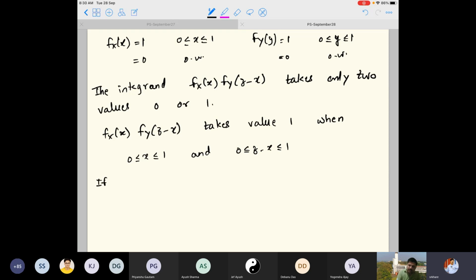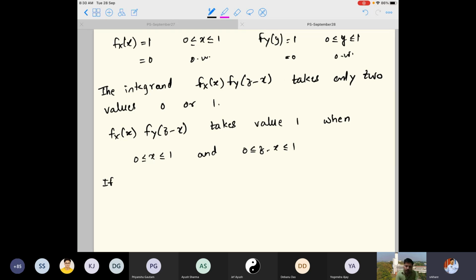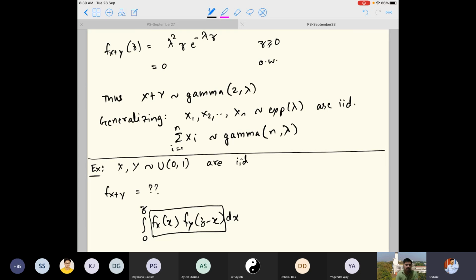Now I'll have cases based on the value of z. z obviously will be greater than or equal to 0 because X and Y are greater than or equal to 0. z can take any real value, but the meaningful values are only non-negative; for negative values, the PDF will be equal to 0.